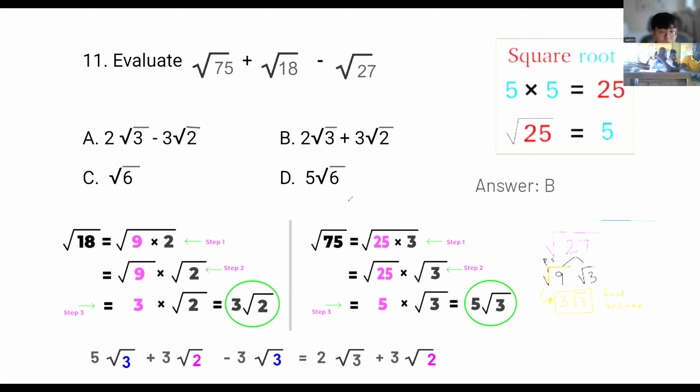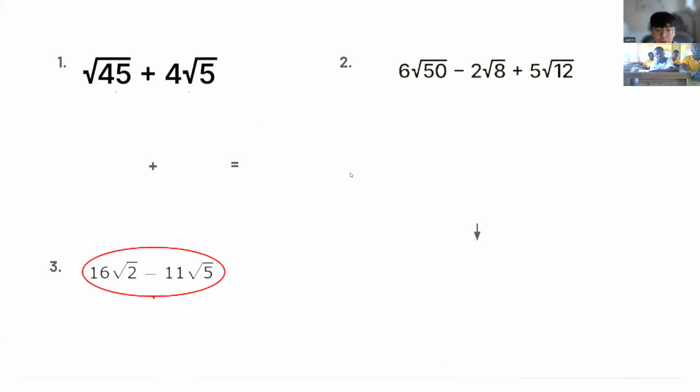If everyone had a chance to write it down, then I will be solving some example problems together. So can you simplify square root of 45 plus 4 square root of 5? How would we solve this?